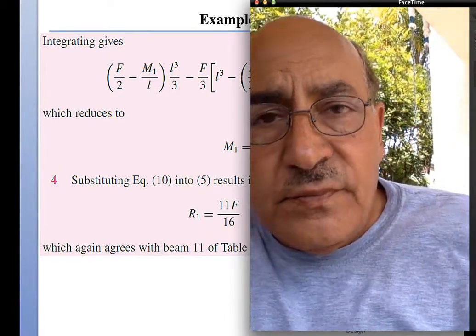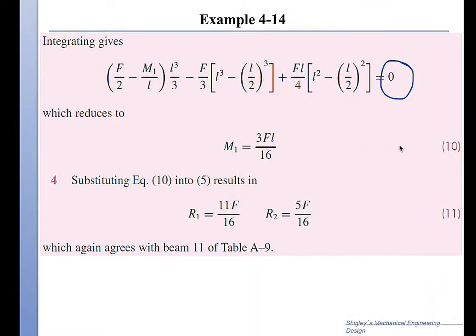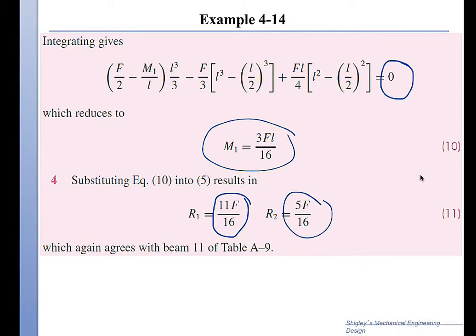So the final result, as you can see here, is M1 is 3FL over 16, R1 is 11/16 of F, and R2 is 5/16 of F. R1 is more than R2 because it takes up more of the force on the left side.